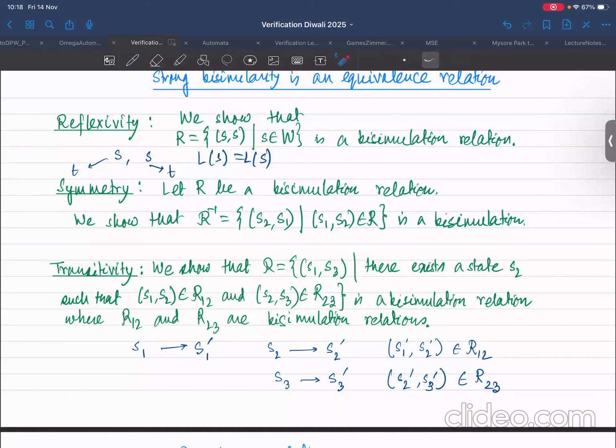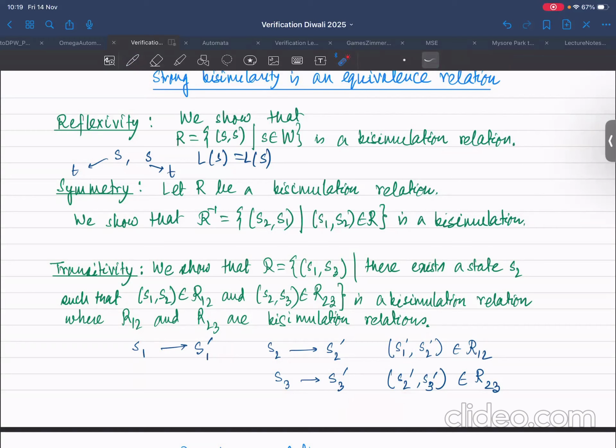Since S2, S3 belong to R2,3, and S2 goes to S2 prime, there should be an S3 prime such that S2 prime, S3 prime belong to R2,3.